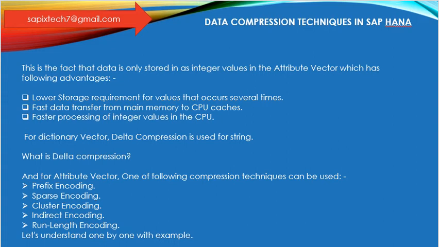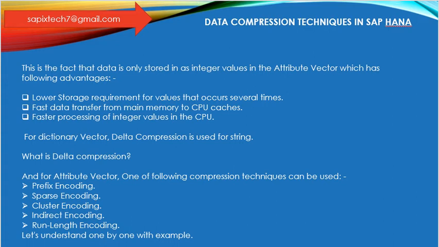There are multiple types of encoding, and before that I'll discuss delta compression. What is delta compression? I'll show you an example of how data compression works, and after that how delta compression works for the dictionary vector.